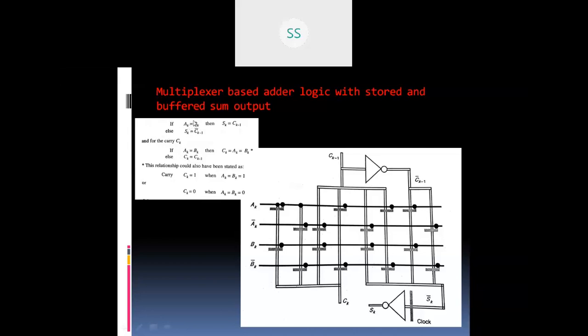So when AK is not equal to BK, that part I am checking. When AK is not equal to BK, for example, I am taking AK bar and BK, then what is the SK? SK should be equal to CK minus 1 whole bar. That we will see. So AK bar here and BK.